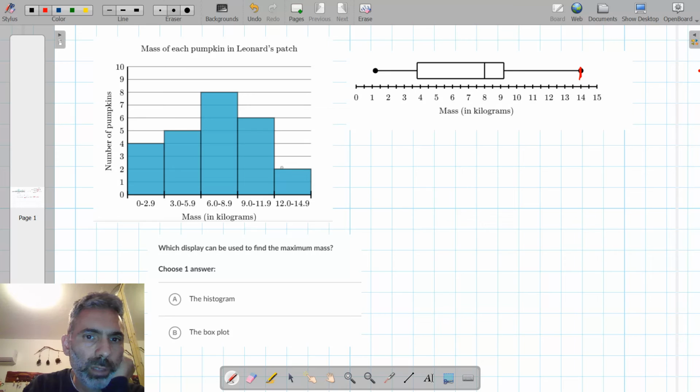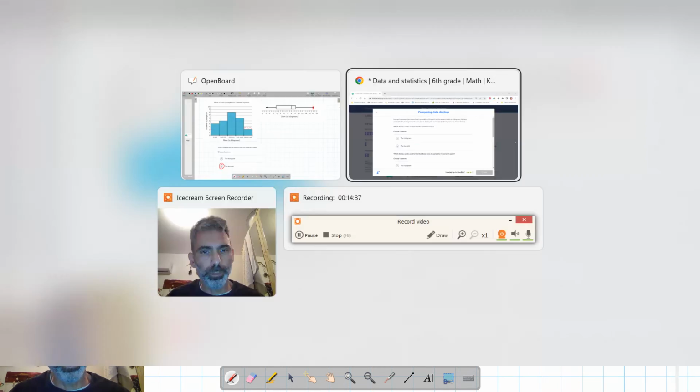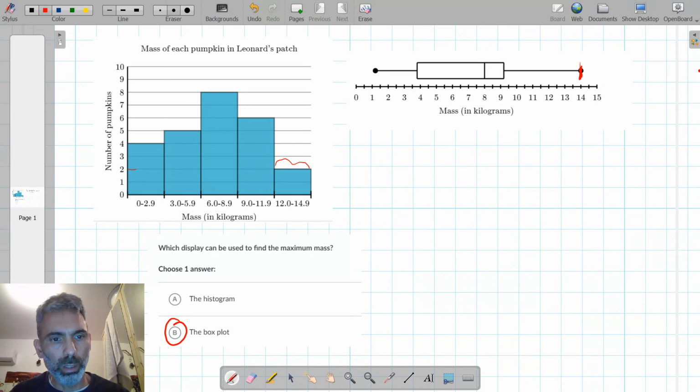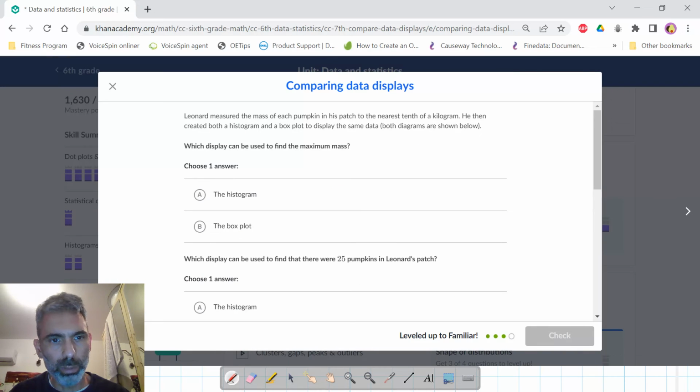We know that the heaviest pumpkin is in this group, but we have two pumpkins between 12 and 14.9, and we don't know the exact value of the heaviest pumpkin, whereas in the box plot we know that the heaviest pumpkin is 14. So for question 1, the answer is the box plot.